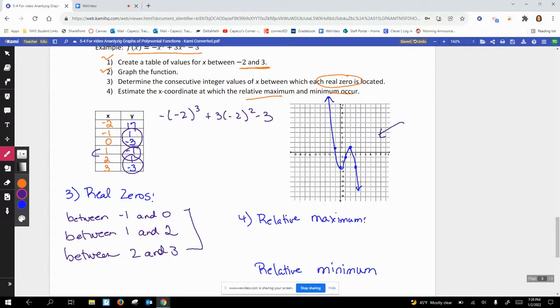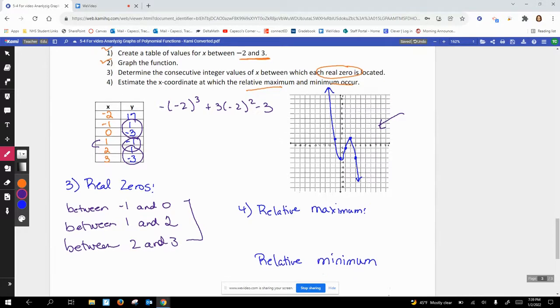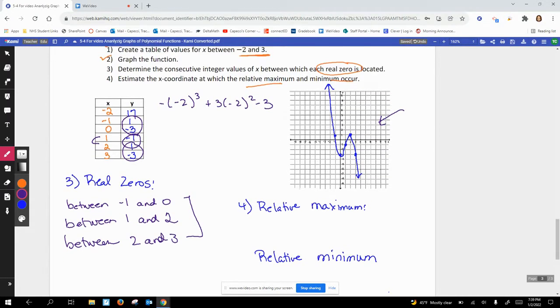You see that a lot of times. Now we're also going to look at this relative maximum and minimum. It looks like here is the lowest point, and that is going to be the highest point, my relative max within the graph. So I can double check that using my table as well. My lowest point there looks like it's -3. So my relative minimum there is at x equal to 0.